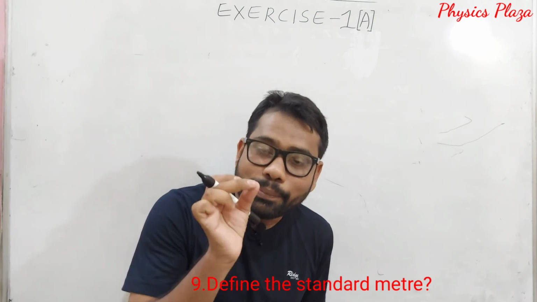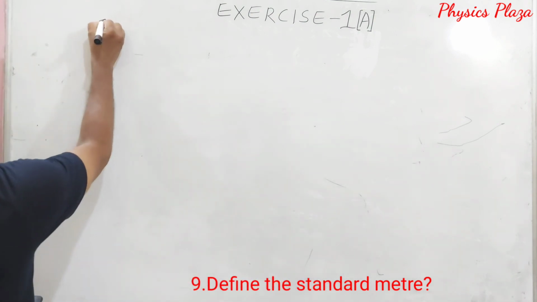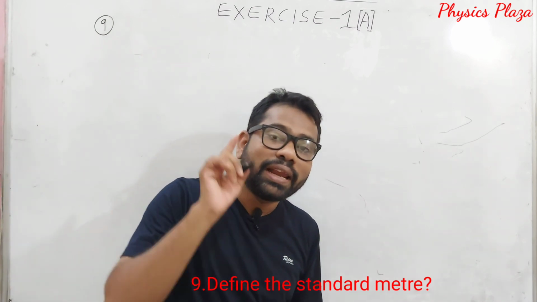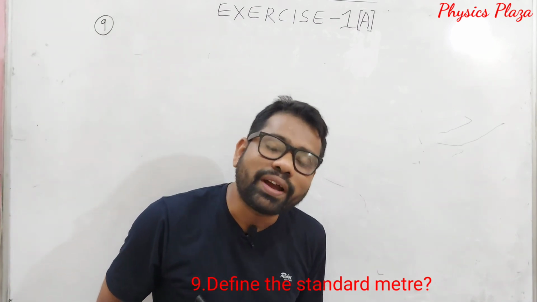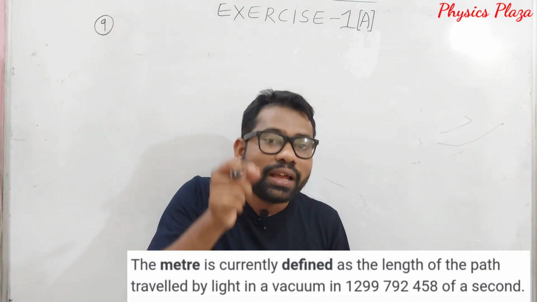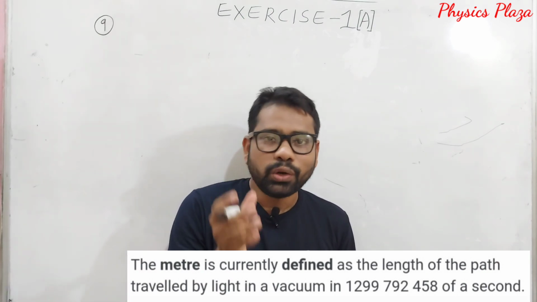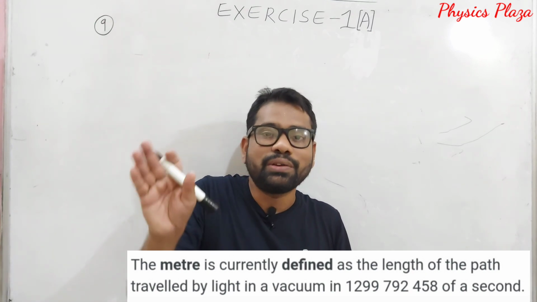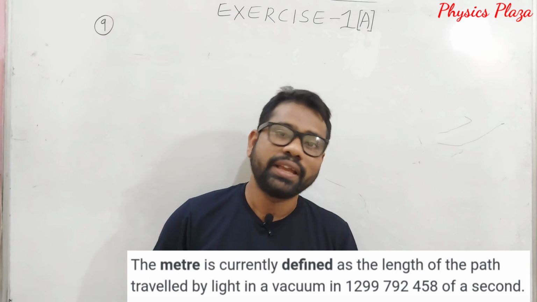Now moving to question number 9. Define the standard meter. Children, first of all, the SI unit of length is the meter. But how to define it? This meter is defined in terms of light. We all know that light can travel 3 lakh kilometers in 1 second.